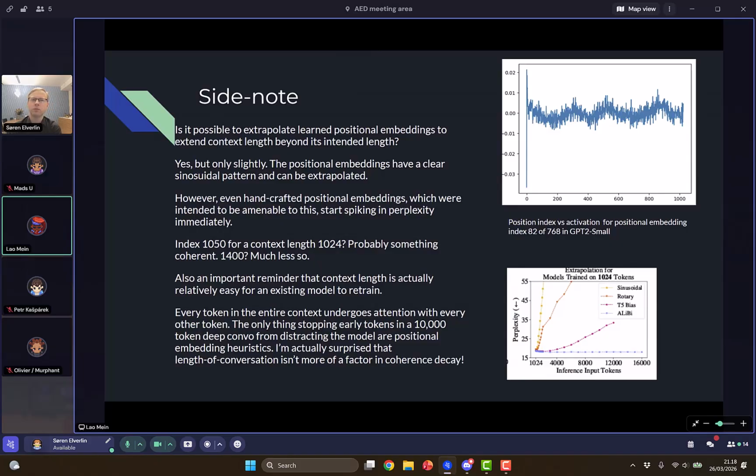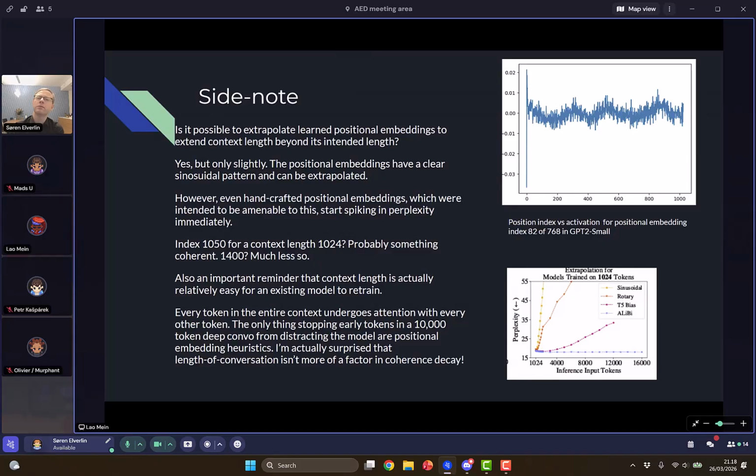So that 768 long vector contains both the positional information and the token information, which means that you can actually go beyond the original context length, right?